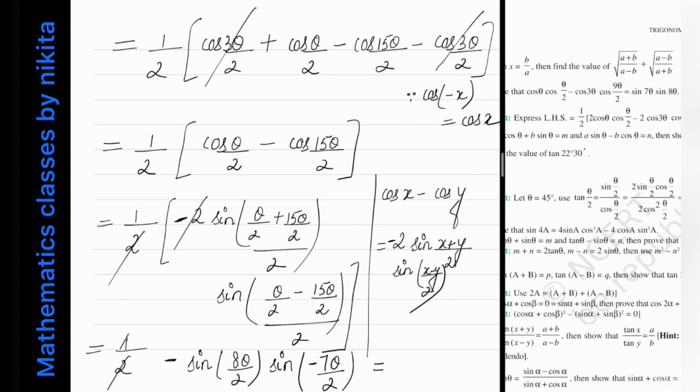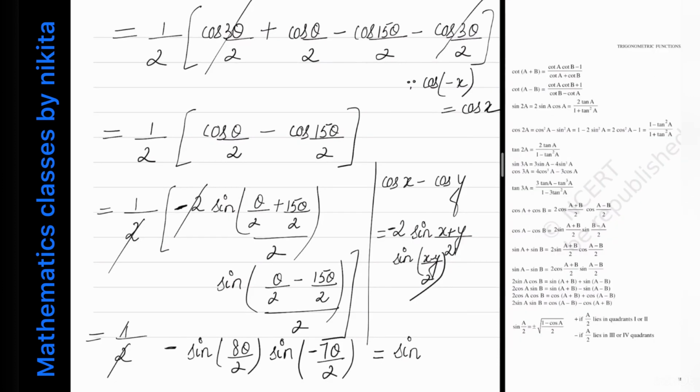Now sin of minus x is minus of sin x, so there is already a minus sign, so it becomes positive. So this will be equal to sin of 4 theta into sin of 7 theta by 2. Okay, so I have used the formula that sin of minus x is equal to minus of sin x.